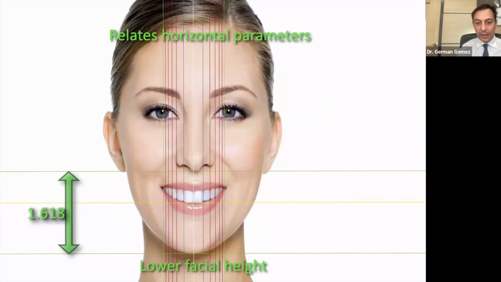That is where usually the incisal edges of the central incisors are placed. All the other teeth are not placed in that line. They are going up in a smile.